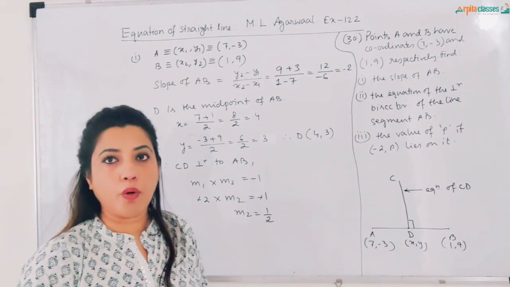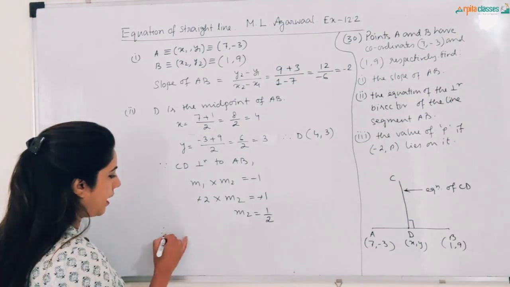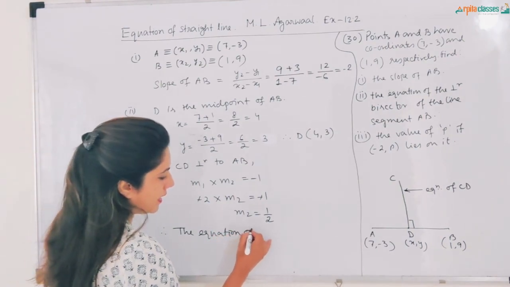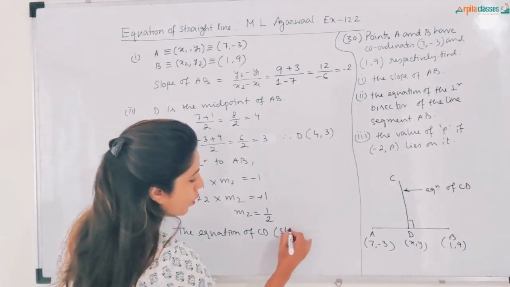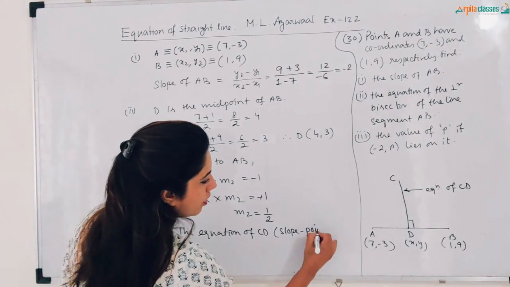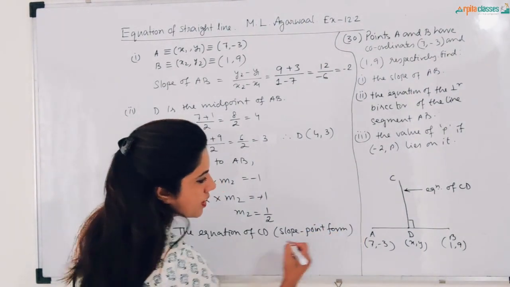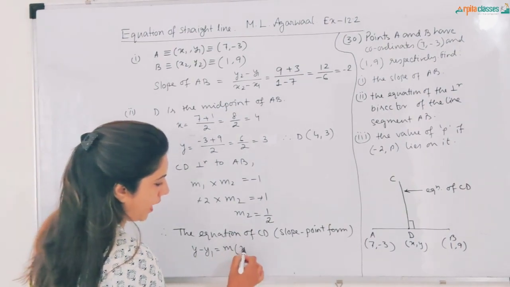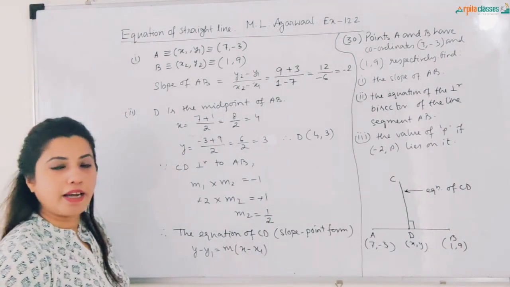So we can get the equation by the slope point form. Therefore, the equation of CD, which form? Slope point form. First I'll write down the form. y minus y1 is equal to m whole into (x minus x1).